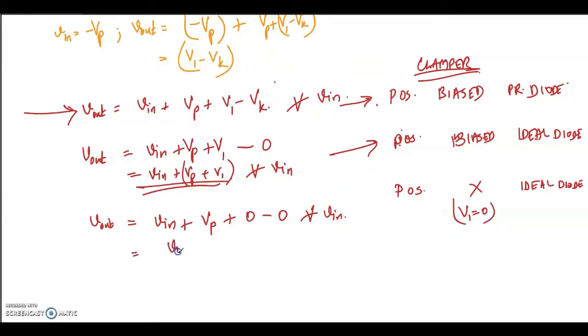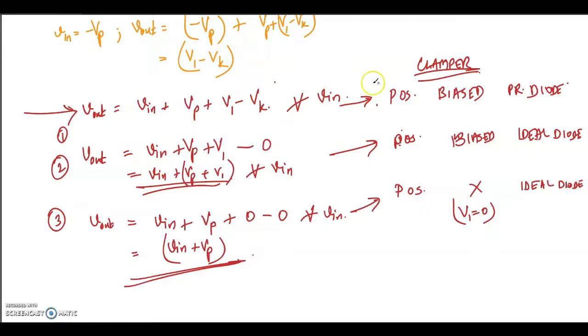This becomes equal to Vin plus Vp. This is the equation for positive clamper with ideal diode. I hope you understood the idea here. You can derive all the other equations from the positive biased clamper with practical diode. I hope that is clear.